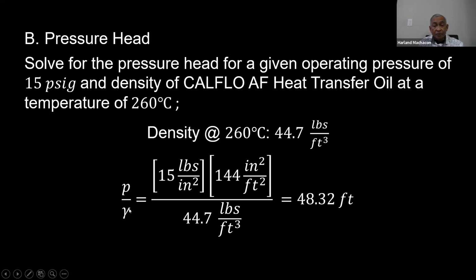And P over gamma, which is the pressure head, will be equal to 15 pounds per square inch times 144 inch squared per foot squared all over 44.7 pounds per cubic foot. The result will be 48.32 feet. That will be your pressure head.